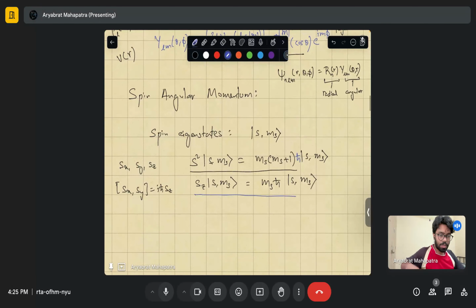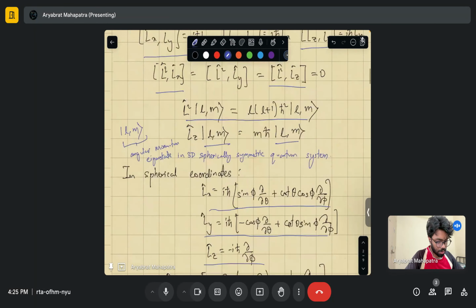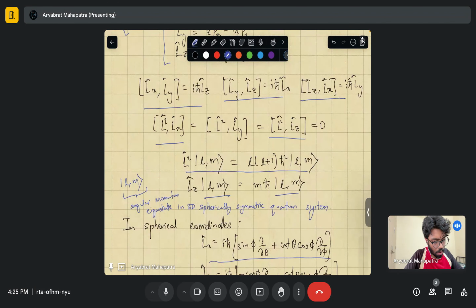S squared and Sz have the same eigenstates because they commute. So the algebra is very similar, basically the same thing you had for orbital angular momentum, and all this algebra will stand for spin angular momentum as well.